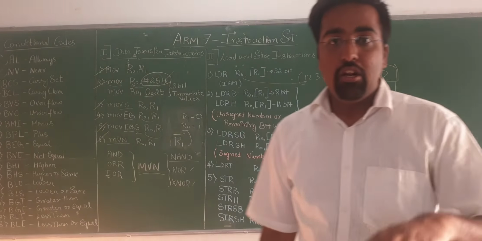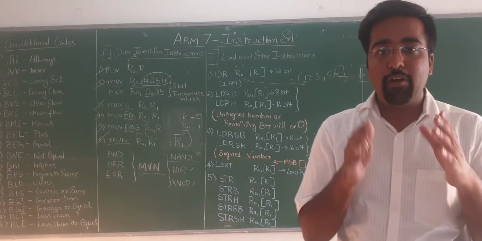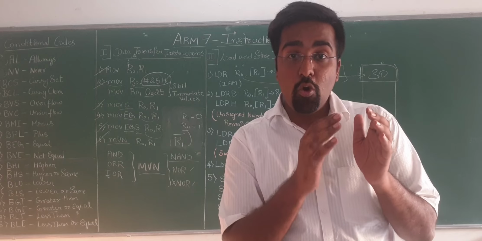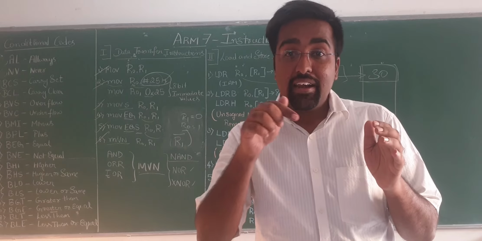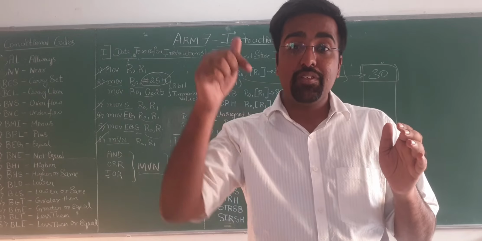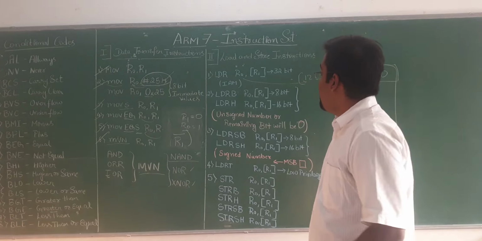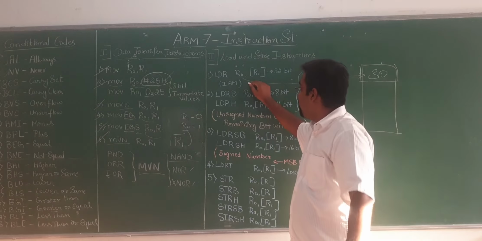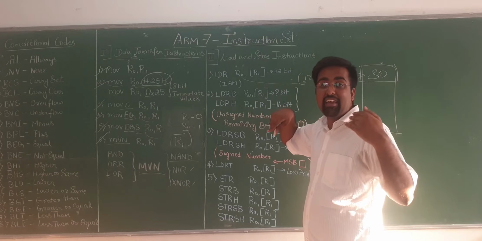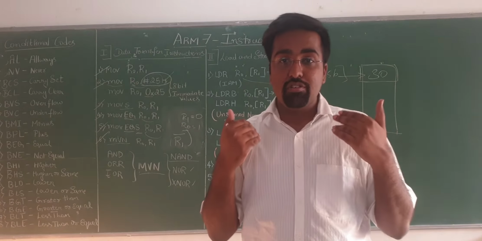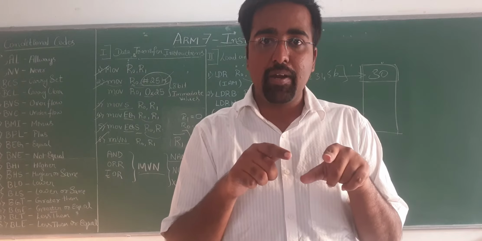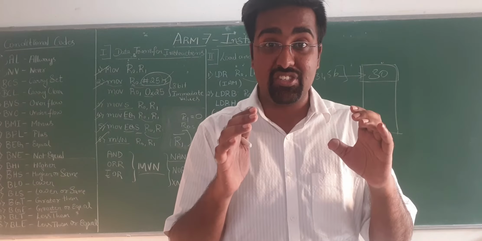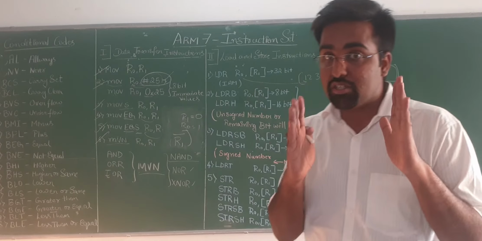I'll repeat it again: LDR R0, [R1] means R0 loads the data at the location pointed to by R1. What do you mean by square bracket? The square bracket simply means that it contains the address, nothing else than that. Be perfect with this.